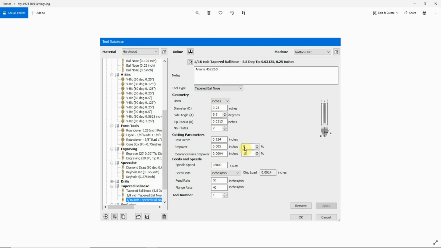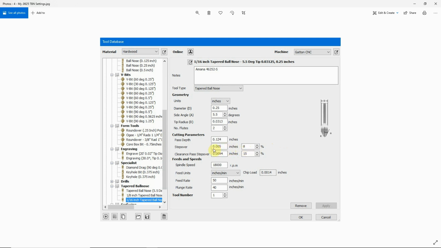If I find that I have too much cleanup on a particular type of material, I might go with a 7%, possibly a 6%. Again, it depends on the size of the project and how much detail I really need. So to keep things in perspective, don't just look at your percentage.